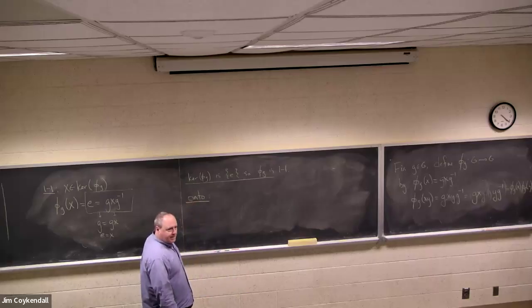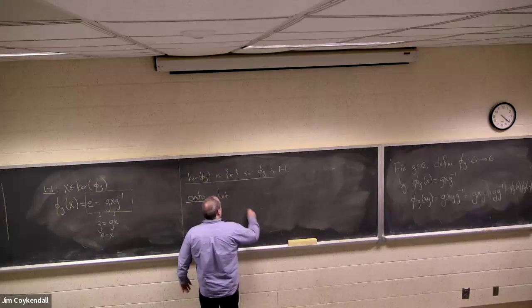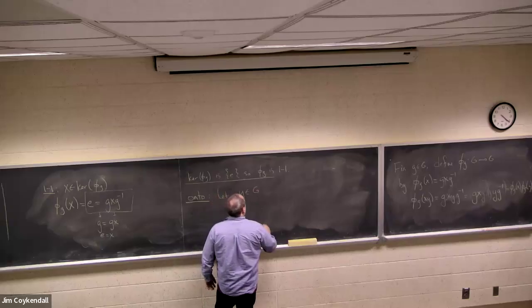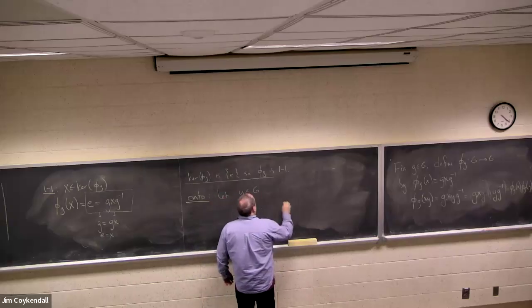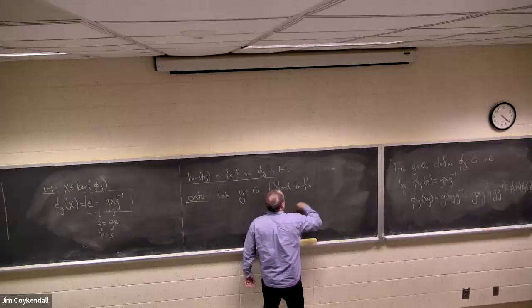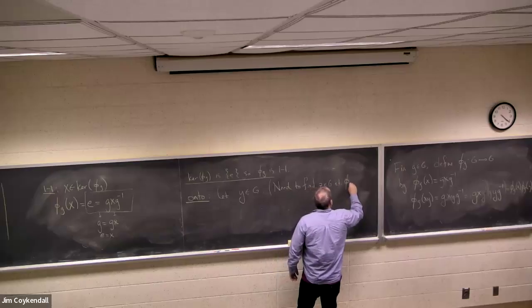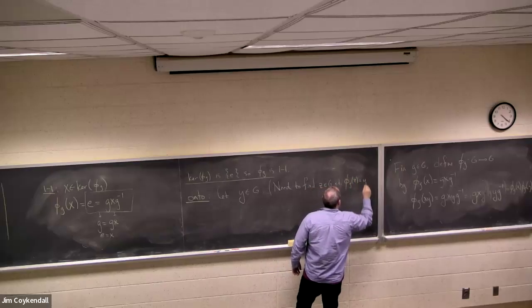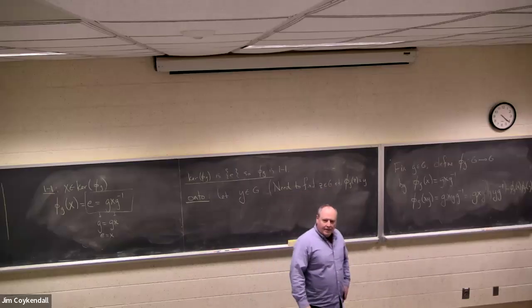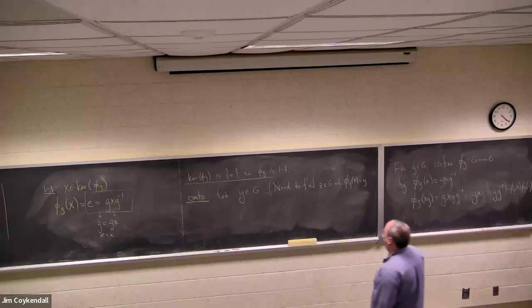Okay, how about onto? Well, careful choice. Let y be in G. We want to find x in G such that phi G of x is equal to y. Any ideas what you might do? G inverse y G. Fantastic.